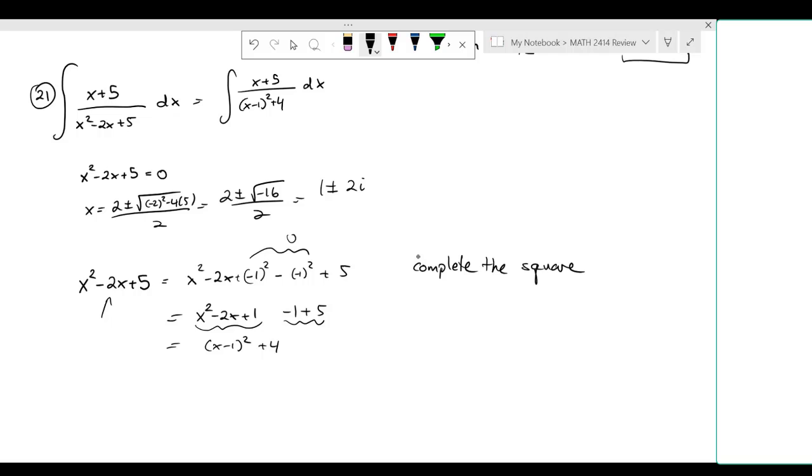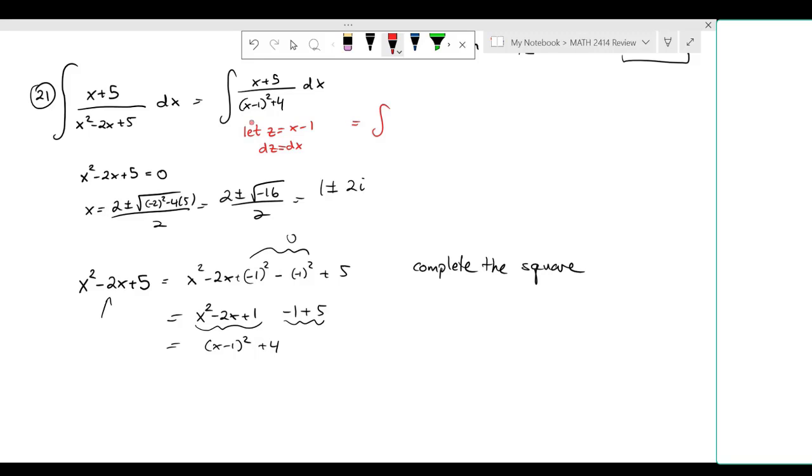Okay, so how can we proceed here? Well, we can do a change of variable if you really wish, if you don't see it. Let's call this z. Let z equal x minus 1. That way dz is just dx. So that's one way to do this.